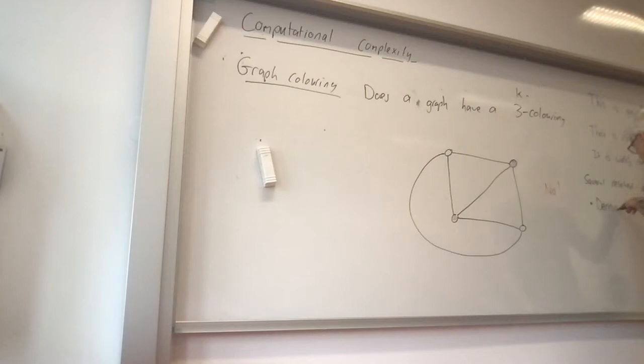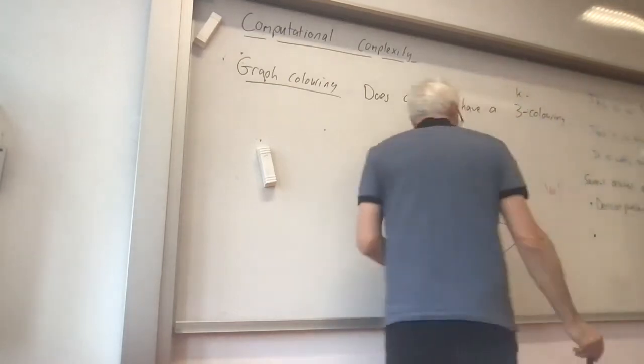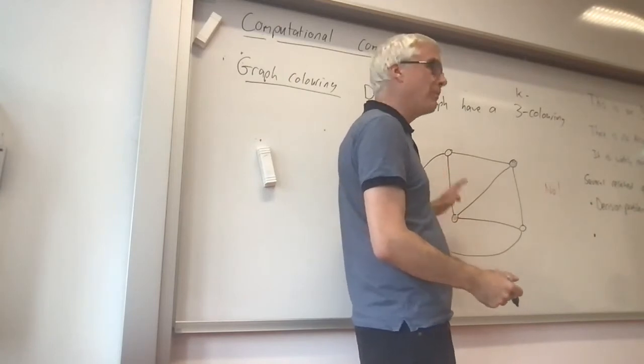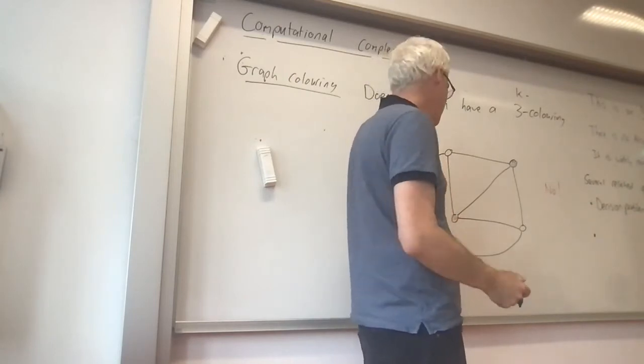So the decision problem: does a k-coloring exist? You can imagine in practice, in some practical situation, that you're looking for a coloring, there are combinatorial situations in which it's useful to know that.